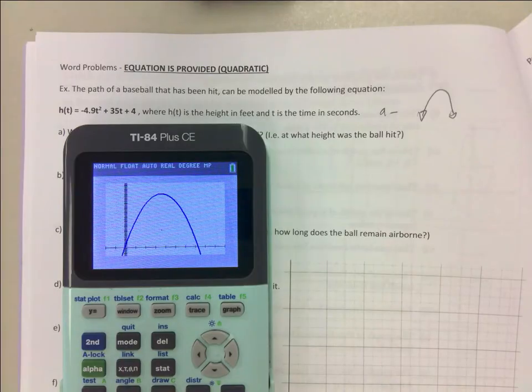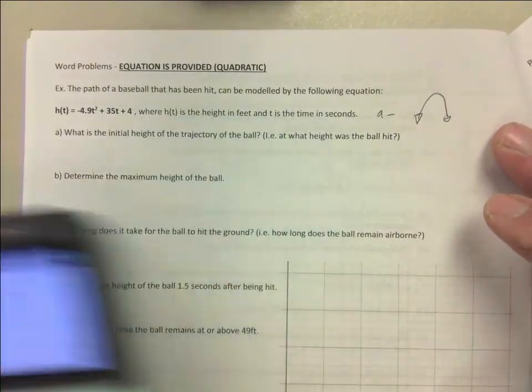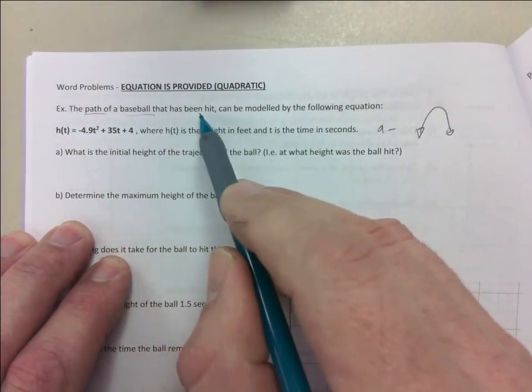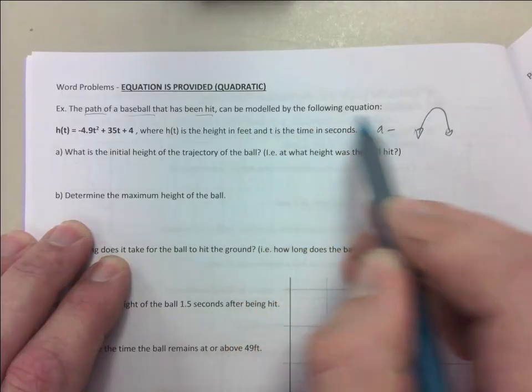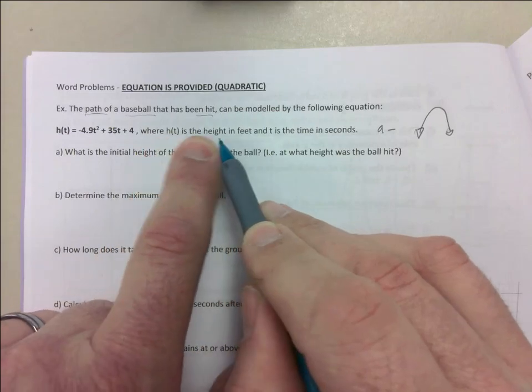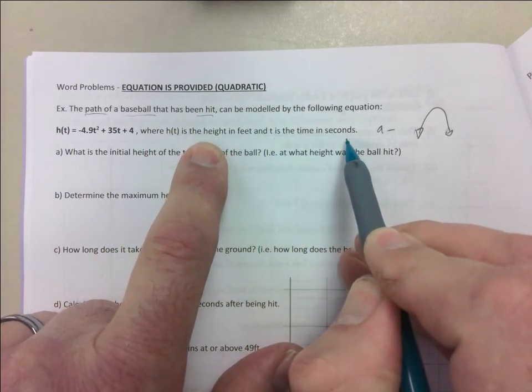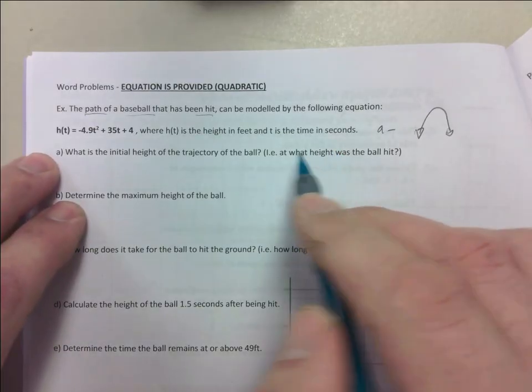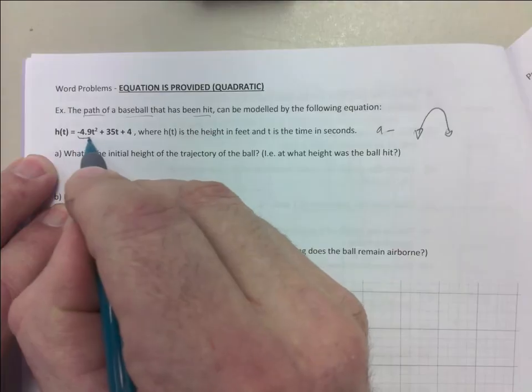Okay? All right. What is this word problem all about? Let's read it. It's the path of a baseball that has been hit. It can be modeled by this equation, where h is the height and t is the time in seconds. By the way, if you're new to applied, you'll never have to guess.